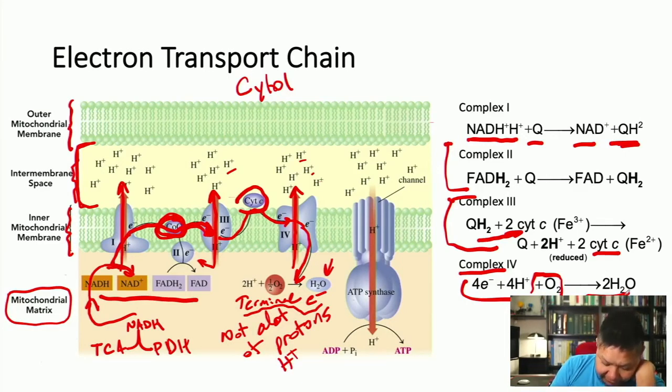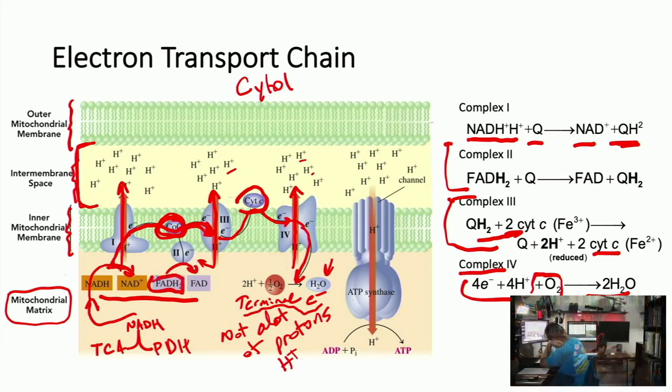Now let's look at complex 2, which is also known as, remember what it is called? Succinate dehydrogenase. Complex 2 takes its FADH2 and also transfers some electrons to coenzyme Q, making FADH2 become FAD, and those reduced coenzyme Qs go straight to complex 3.